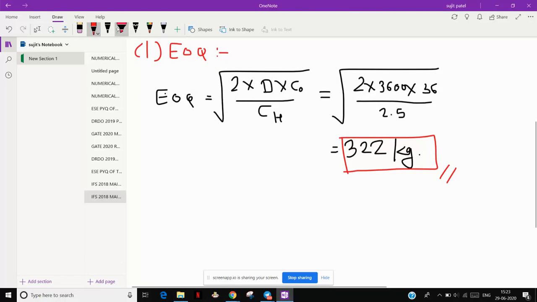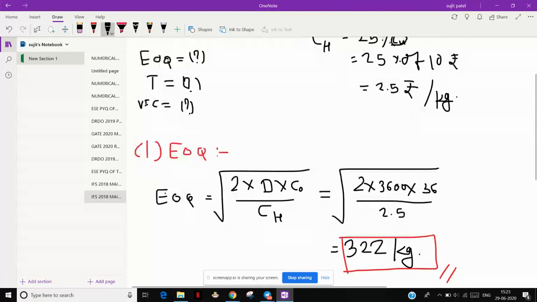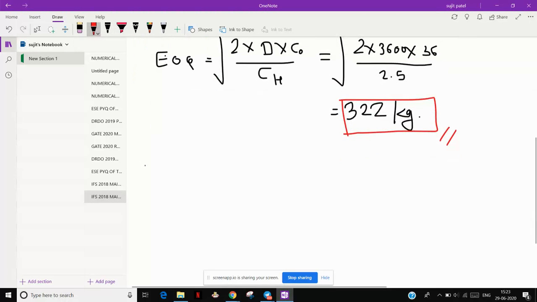The next is the time between two successive orders. If we find the number of orders, how many times we have to place an order, and divide 1 year by the number of orders, we can find the time.